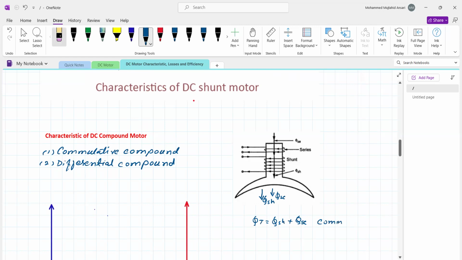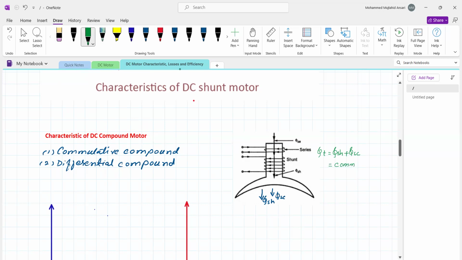Okay, so we will write this point somewhere here. The flux phi t is equal to phi sh plus phi se, and it is called a cumulative compound.